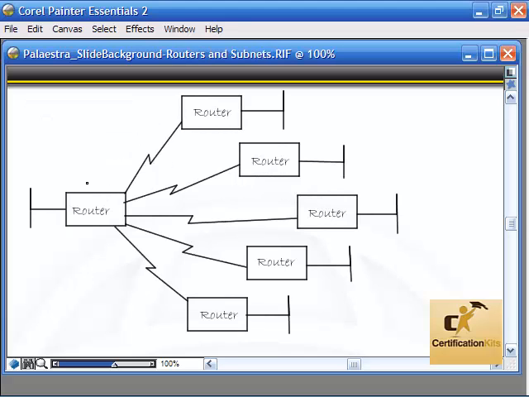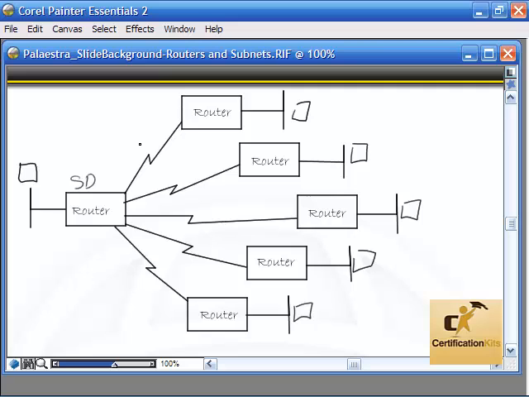I've brought up a slide here that shows 6 different routers and a subnet coming off of each router where host computers would be populated. So we might have a machine here, machines in each different area, and each one of these routers might be in a different city.